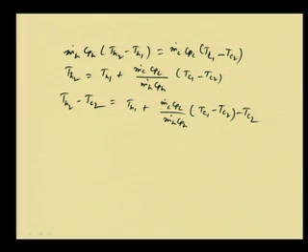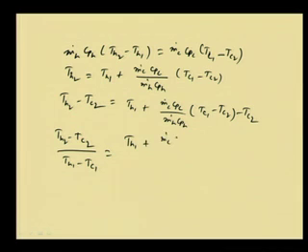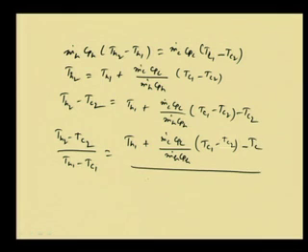So (Th2 minus Tc2) by (Th1 minus Tc1) equals Th1 plus m dot c Cpc by m dot h Cph into (Tc1 minus Tc2) minus Tc2, divided by Th1 minus Tc1.